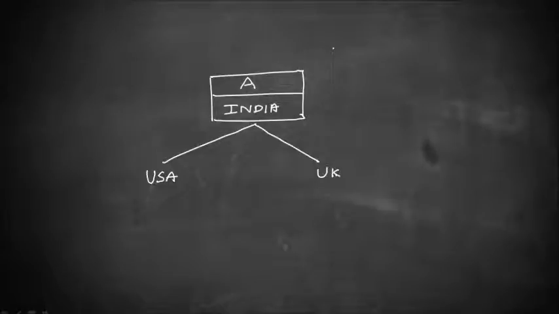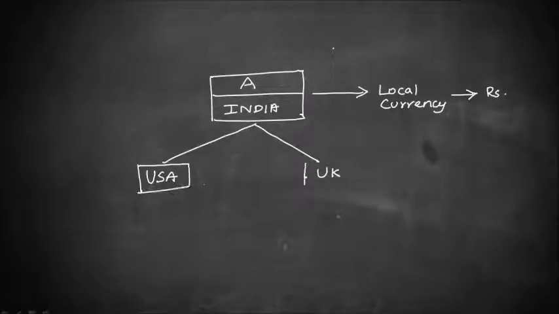If company A sells its products in India, it will sell in its local currency, which is rupees. But when it sells to customers in USA, it has to sell in US dollars, and when it sells to customers in UK, it has to sell in pounds.